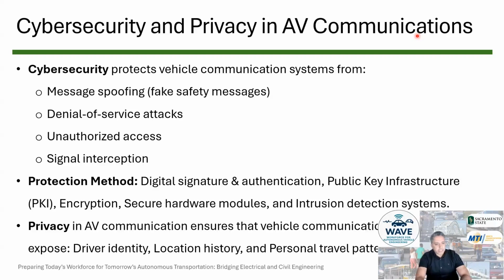Because if some attacker gets access to this kind of information, they can do a lot of things with people's identity and location. If they know that a person is traveling on certain days of the week, that pattern can give some flags to attackers or other people that can affect the privacy and safety of the driver.